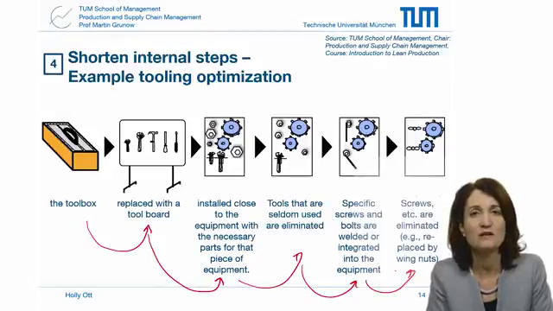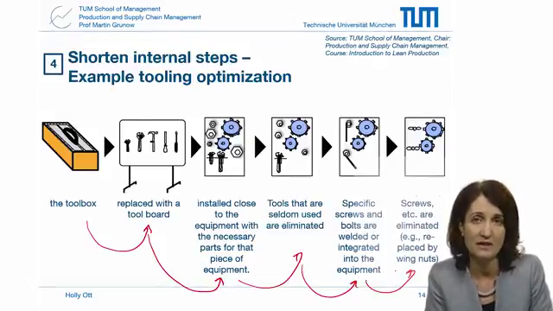This also helps to reduce variability, any missing tools or errors, and reduces waste such as motion. You can quickly pick up the tools. You don't have to do any extra assembly.